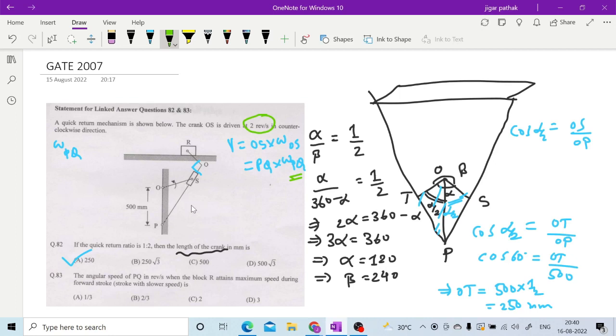So if you put all the values, 250 into the speed 2, and PQ is not mentioned here, but I guess 750 they must have provided, the length of this slotted bar, and then omega PQ. If you solve this, you get the answer as 2 by 3, right? So this is how you will have questions regarding this quick return mechanism.